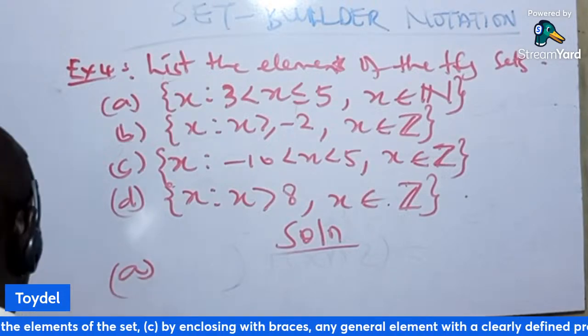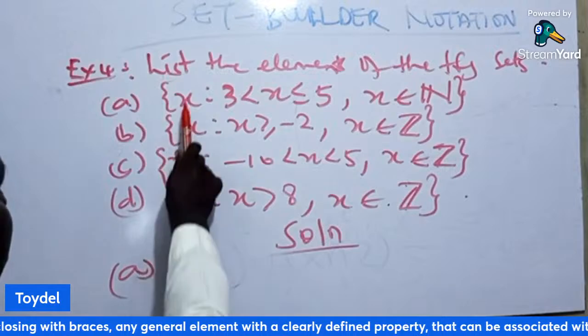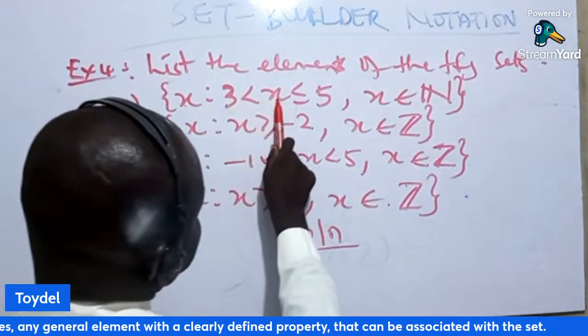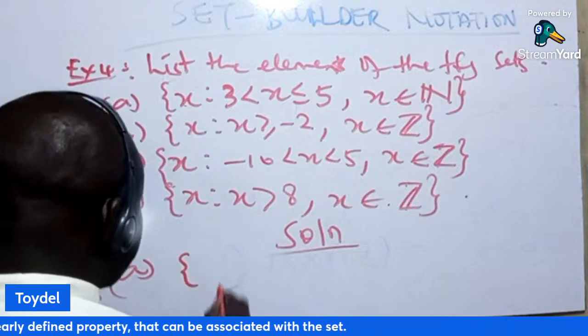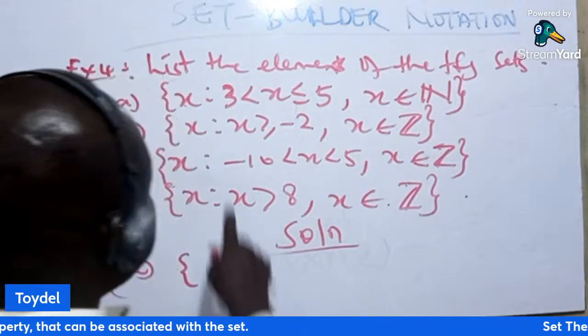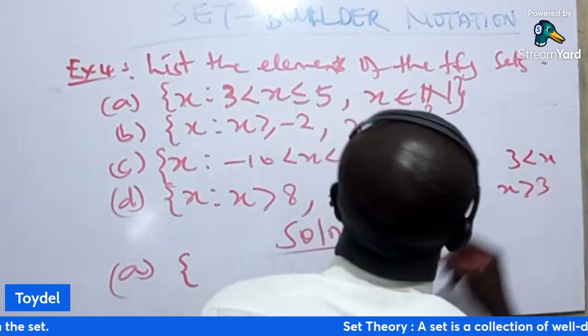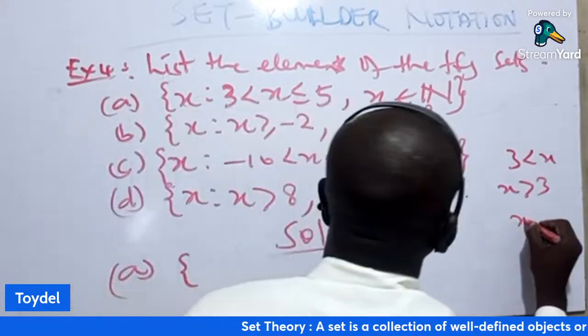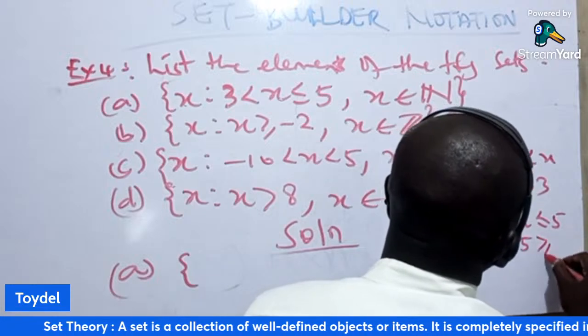The first one now: how do we rewrite the set? Look at it. We are given x such that 3 is less than x, less than or equal to 5. x is a natural number. If 3 is less than x, it simply means that x is greater than 3. Then if x is less than or equal to 5, it simply means that 5 is greater than or equal to x.